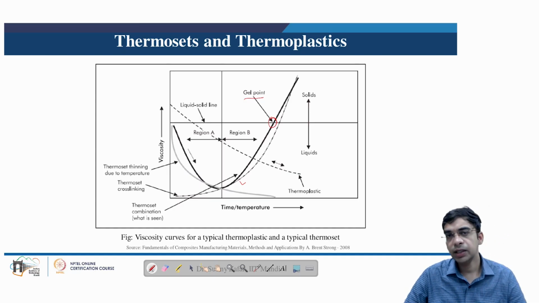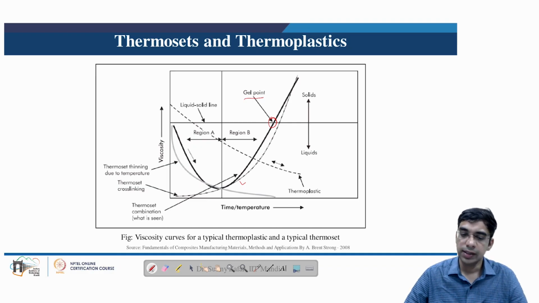As the heating is further continued, more and more crosslinks are developed, because of which a solid state is achieved in the respective thermoset. The viscosity suddenly increases as the solid state is achieved.